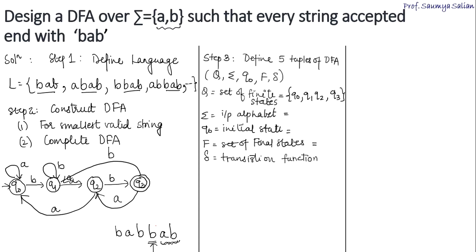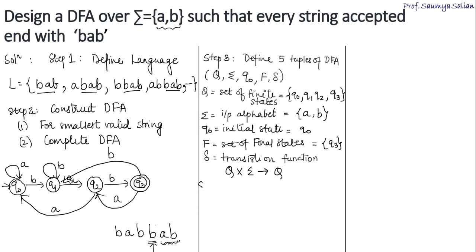Sigma is the input alphabet set, which is A and B. Q0 is the initial state. F is a set of final states, so here we have only one final state, which is Q3. And then the transition function, which is Q cross sigma gives Q.